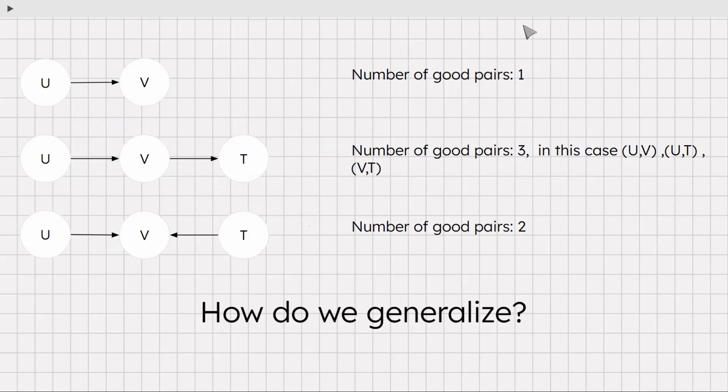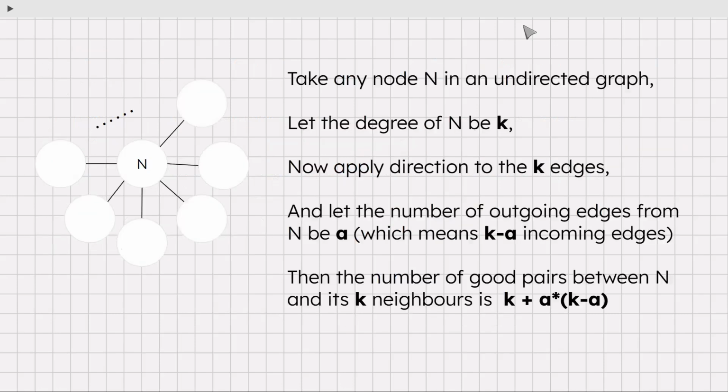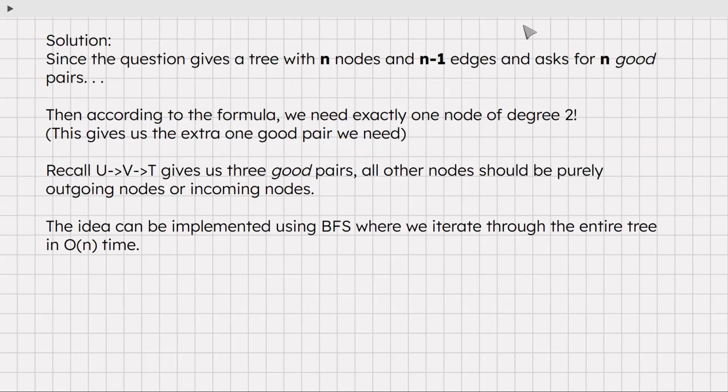The deterministic requirement for n good pairs is that in this tree, we must have one node of degree 2, which means we have two neighbors, and applying the previous scenario gives us one extra pair, and that is all we need to create n good pairs because n minus 1 edges implies n minus 1 pairs of good nodes.